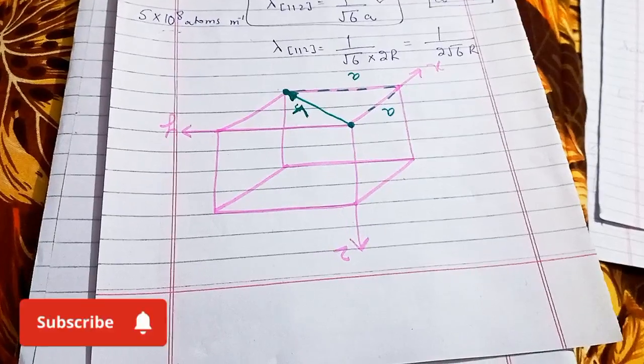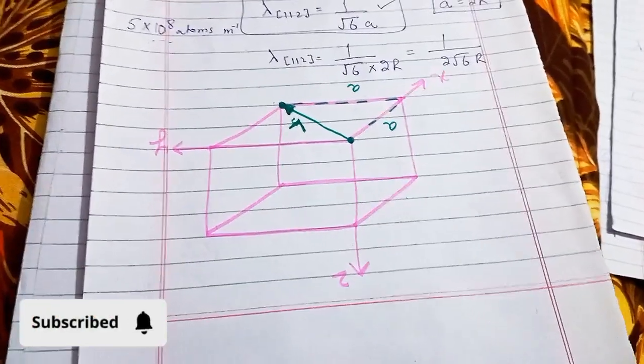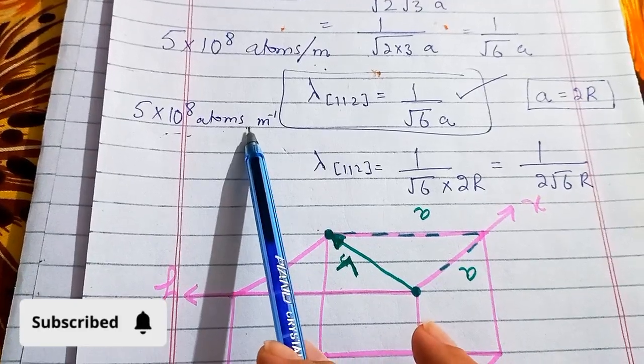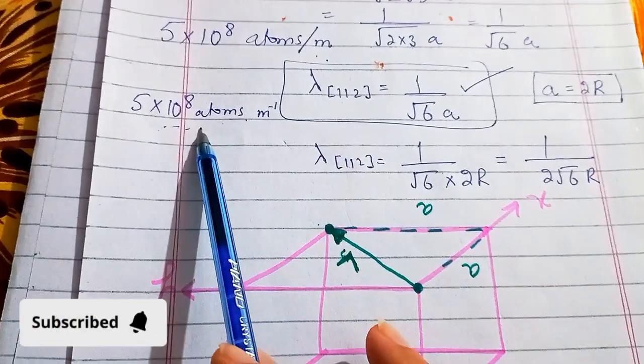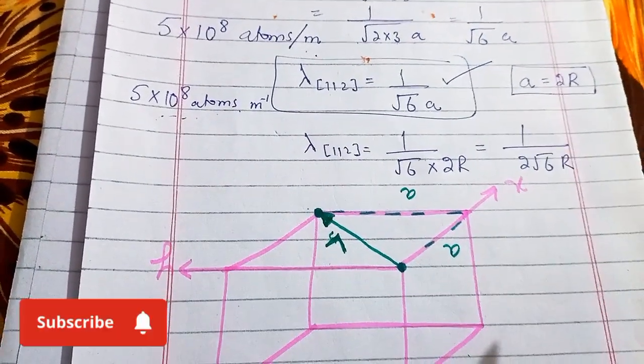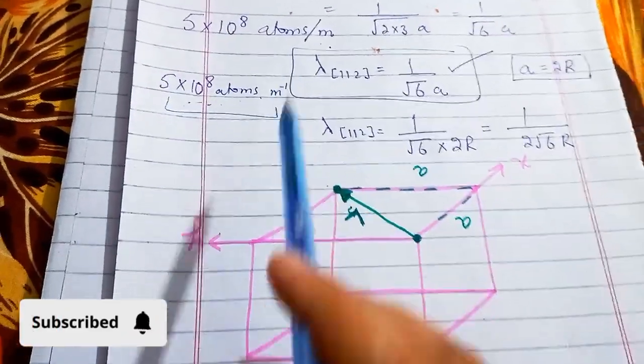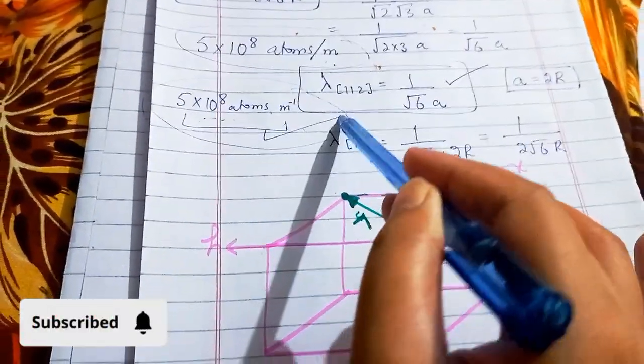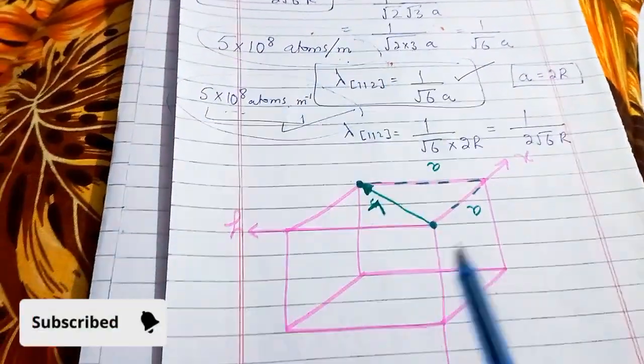Toffees is not a unit, it's just showing what you have counted. So here writing atoms is just to show that you have counted atoms per meter length. That is why we are writing atoms. It's better to use it like that, but it's okay to use it the other way as well. But the space is needed, and that's all.